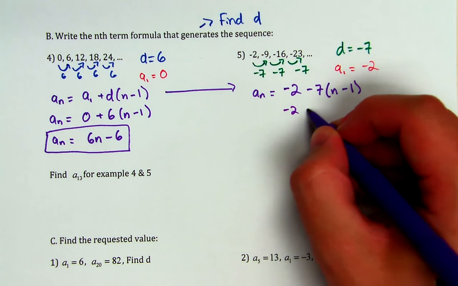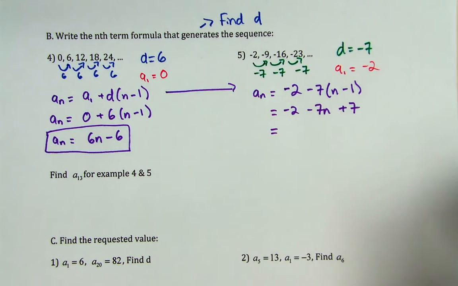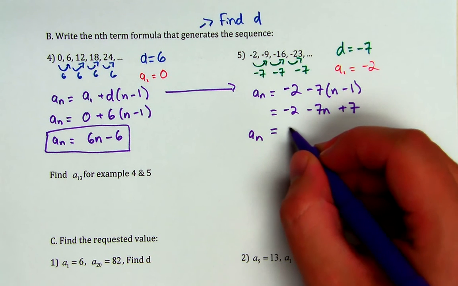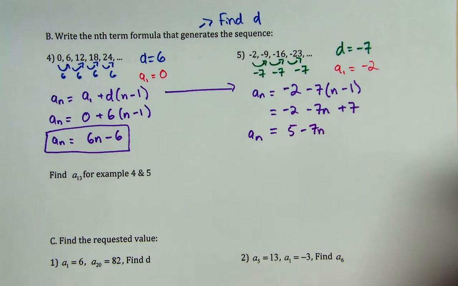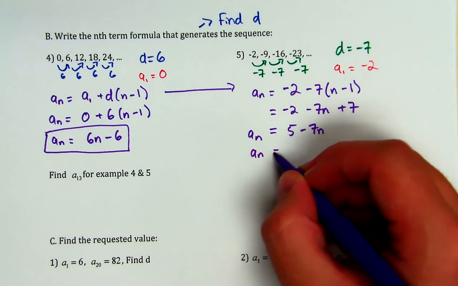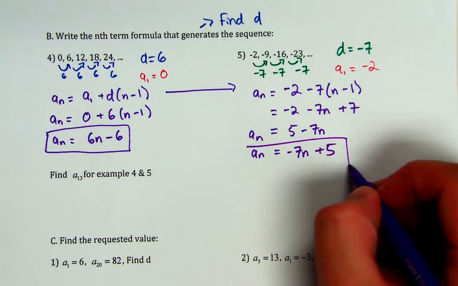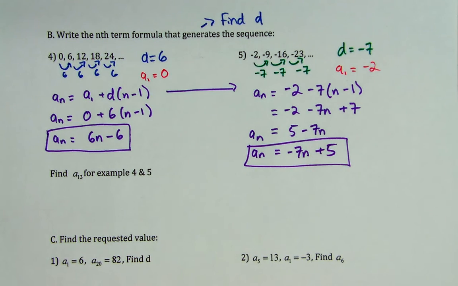So negative 2 minus 7n plus 7, which then equals an. Negative 2 plus 7, what is that, 5 minus 7n. Now, I also like to see it so that n is first, so negative 7n plus 5. Again, it's not wrong this way, but I like to see it in order.